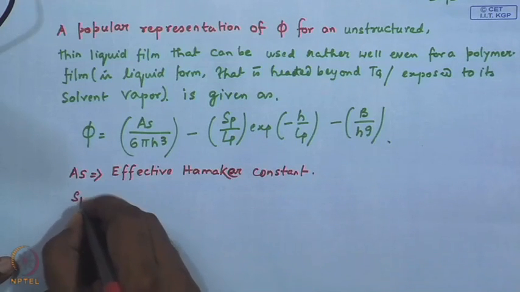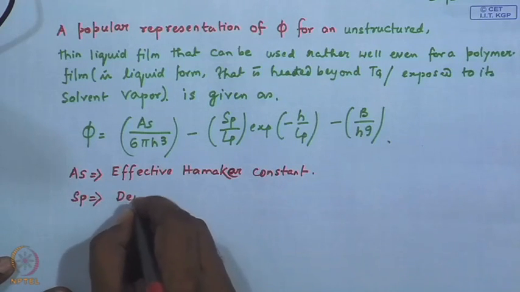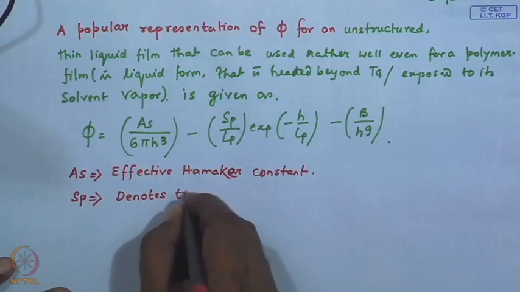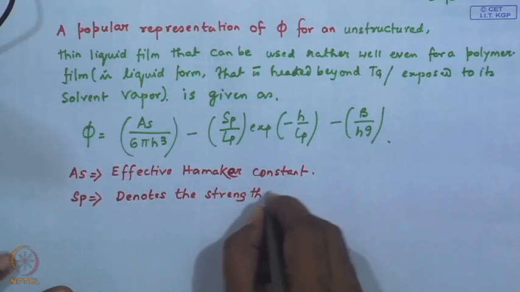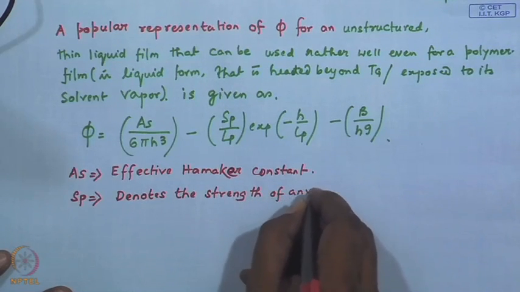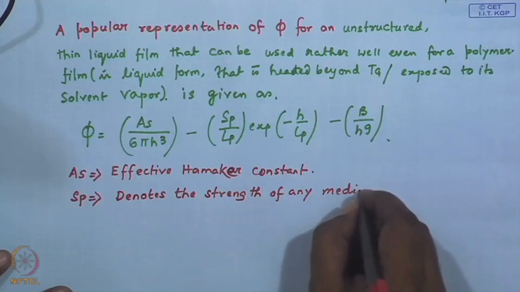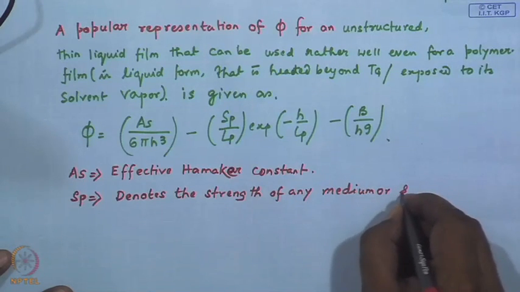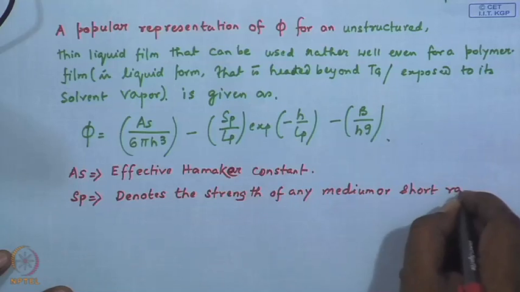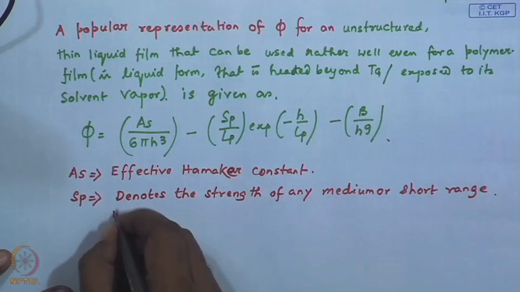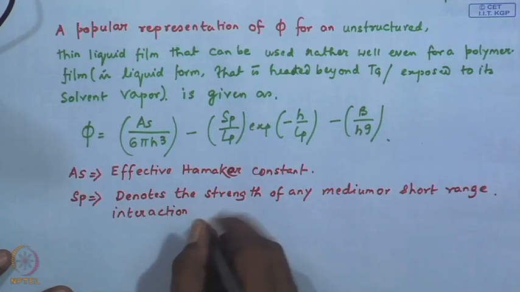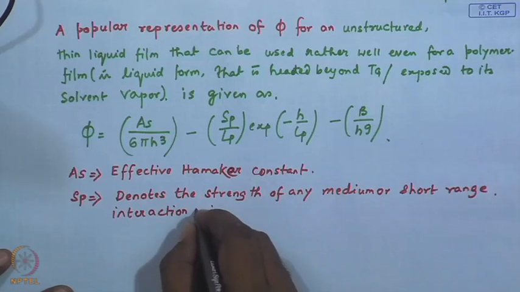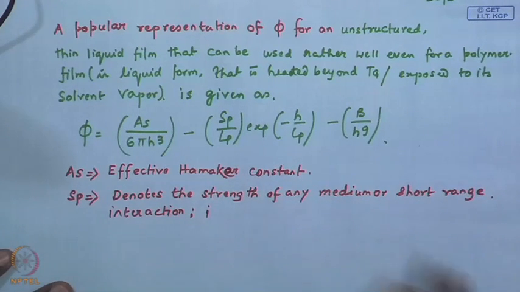SP denotes the strength of medium or short range interaction, and it denotes any medium or short range interaction.